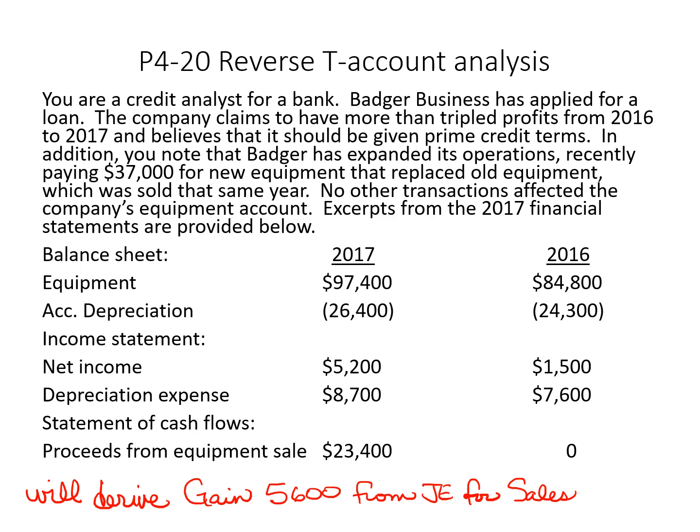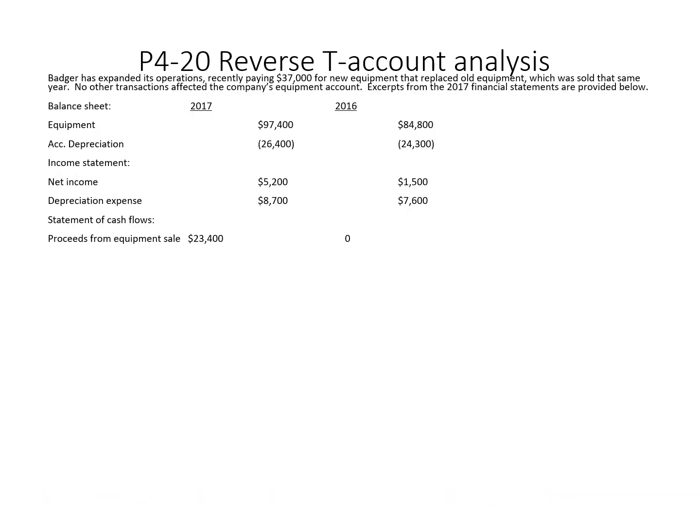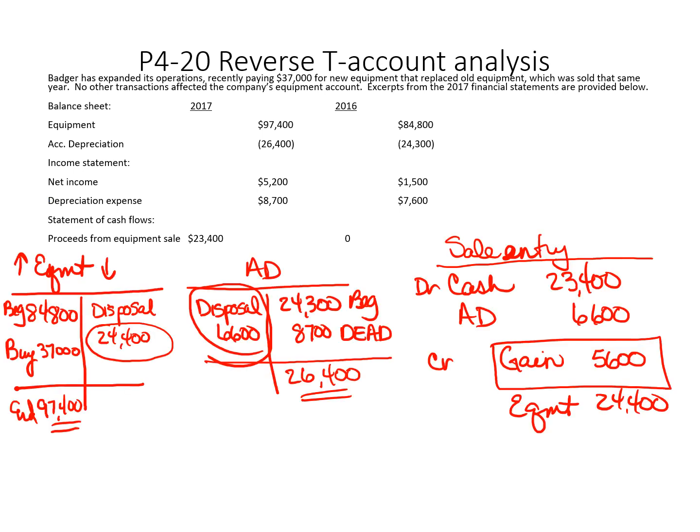Are you ready? Well, here you've got some space in which to work. So if you'd like to pause, you can try to solve the problem by setting up the T accounts for equipment, accumulated depreciation, depreciation expense, and then come up with the journal entry for the sale of the equipment. So when you're ready, come forward.